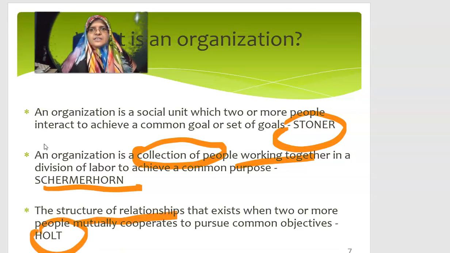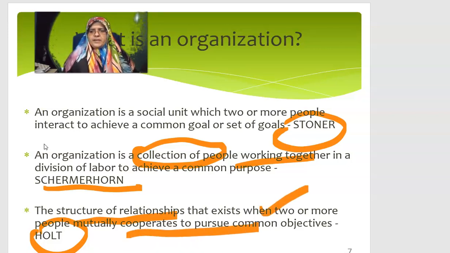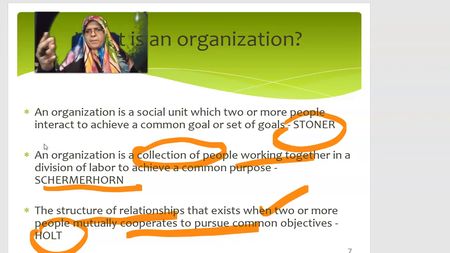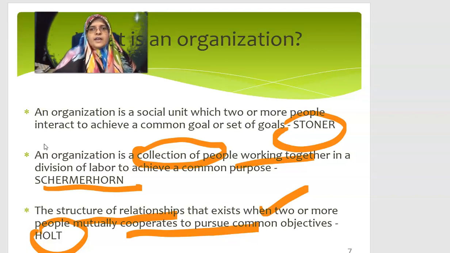There's a structure of relationships that exists when two or more people mutually cooperate. Okay, so can you get the meaning of the organization here? Two or more people interact, communicate, working together, right? Cooperate, okay, to achieve a common objective, right? So yes, that is organization.